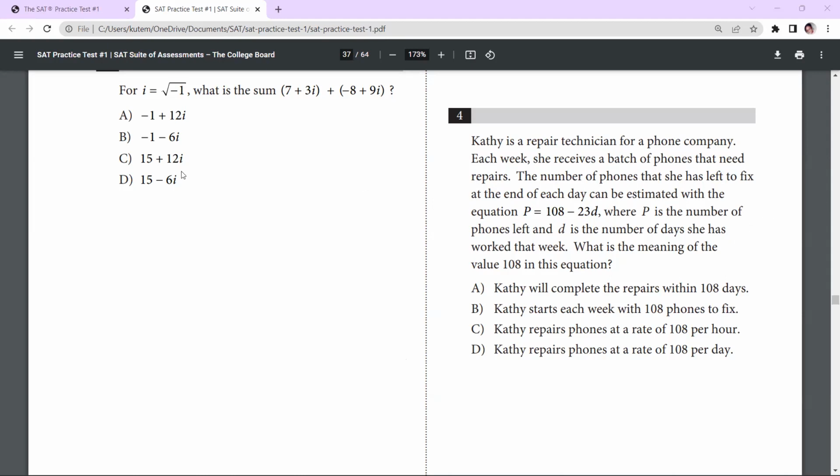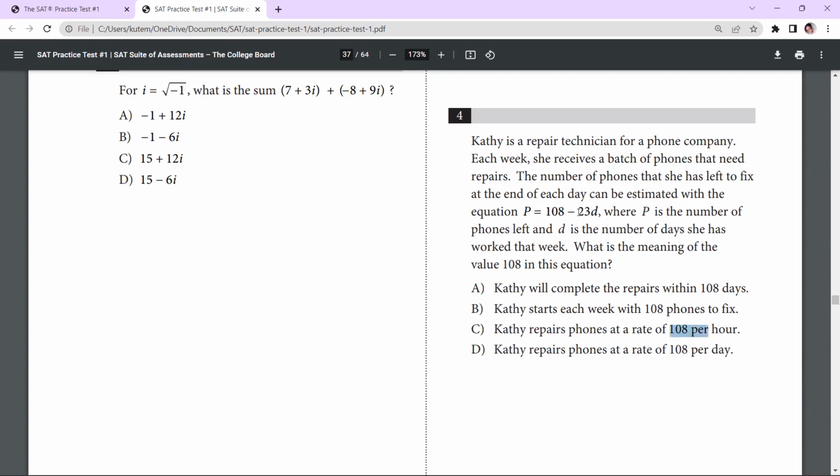So in this case, let's go through the options. A says Kathy will complete the repairs within 108 days. This is wrong because the days are D, and that's not being affected by the 108. That's a separate constant. Then B is our answer, right? Because that's what's being subtracted from. Then Kathy repairs the phones at a rate of 108 per hour.